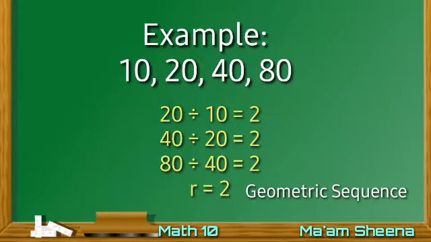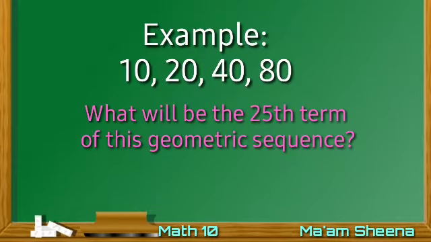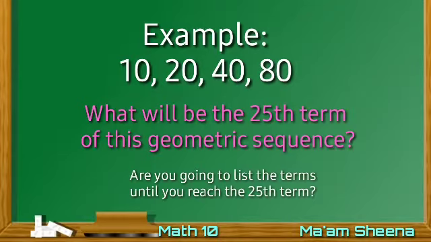Now, what if I ask you what will be the 25th term of this given geometric sequence? Do you have an idea how to answer if I ask you for the 25th term? Are you going to list down all terms up to the 25th term? It would take a lot of time and effort to list down all 25 terms.